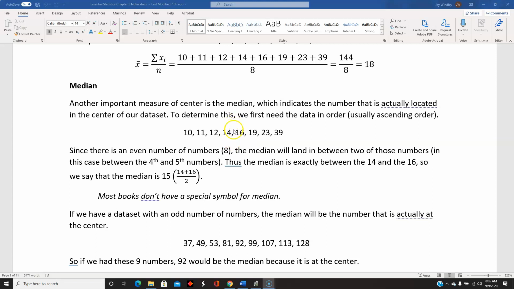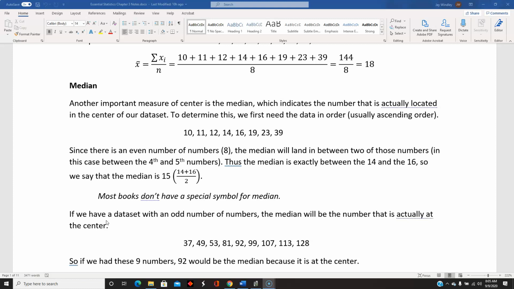So the median is actually in between the number 14 and the number 16. So the number that's in between 14 and 16 is 15, which you can easily find by adding the numbers together and dividing by 2. Most books don't have a symbol for median, so they just refer to it as median or sometimes MED.